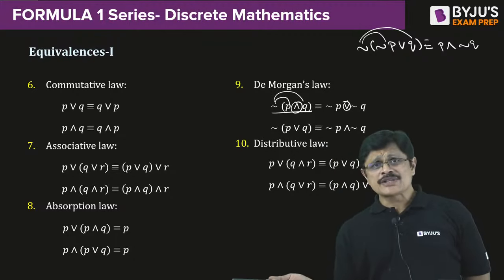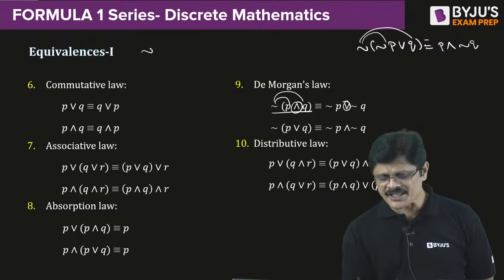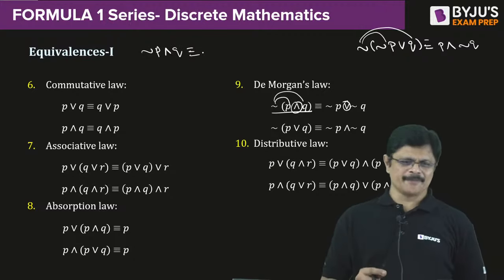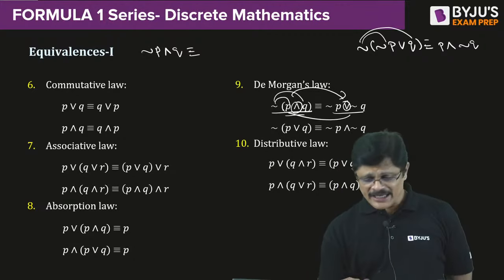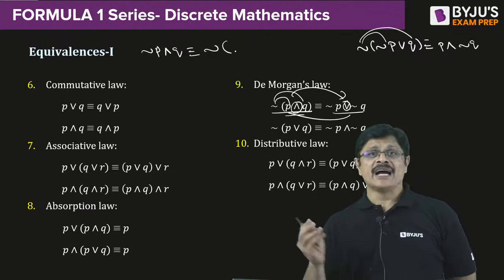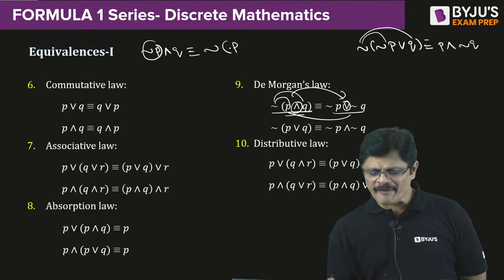And you should also see these results in the reverse direction. For example, negation P or negation Q is equivalent to what? People happily do it this way, but in the reverse direction people never do it. Here I want to take the negation common. So this negation goes out, P will remain.